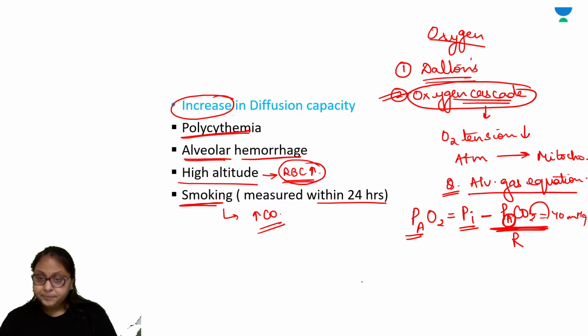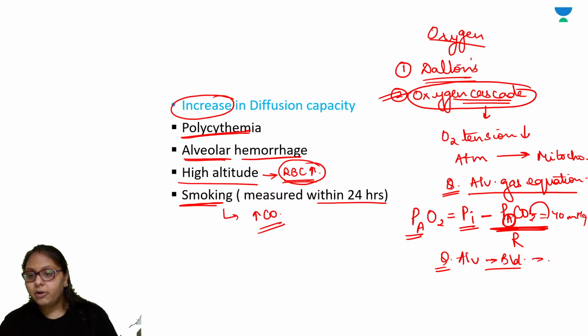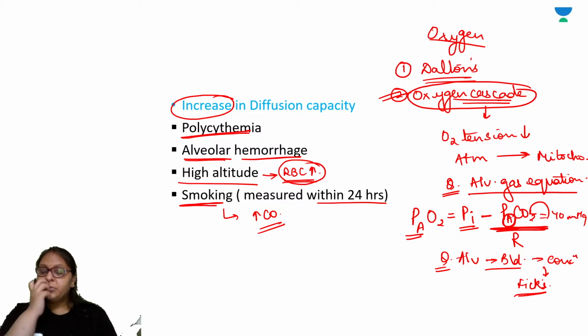Then the next question: from the alveolus it is going into the blood, and that is because of the concentration gradient. And here Fick's law of diffusion comes in. According to Fick's law of diffusion, the diffusion is directly proportional to the surface area and inversely proportional to the thickness.